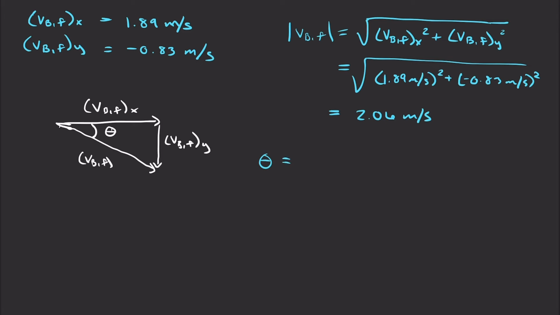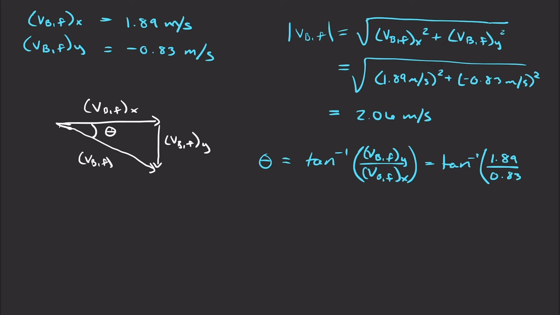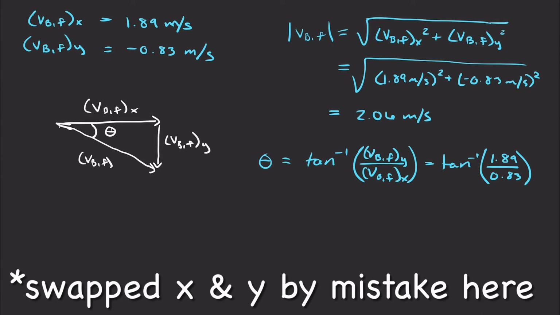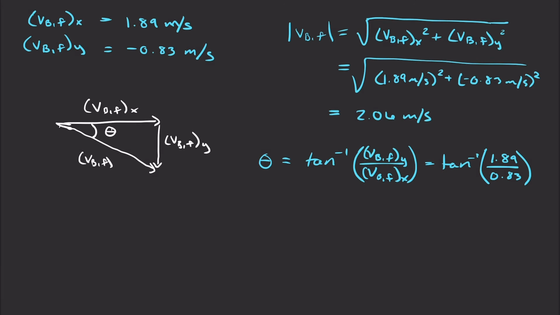And for the direction, we'll do inverse tangent of, in this case, opposite over adjacent, or y over x. So VBFY over VBFX, or tan inverse of, I'm going to do just positive numbers, and then I know my angle is below the x-axis.